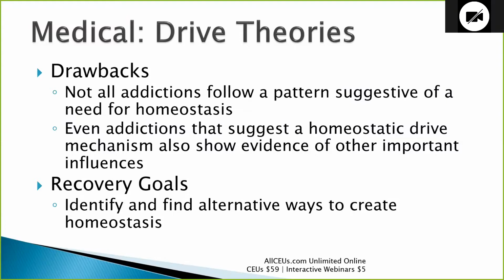Even addictions that suggest a homeostatic drive mechanism also show evidence of other important influences. Social environment, the interaction between the person and the environment. We want to help people identify what functions the addiction is serving for them, what's the drive motivating this behavior, and help them find alternative ways to achieve that same end, as well as to maintain homeostasis, if you will.